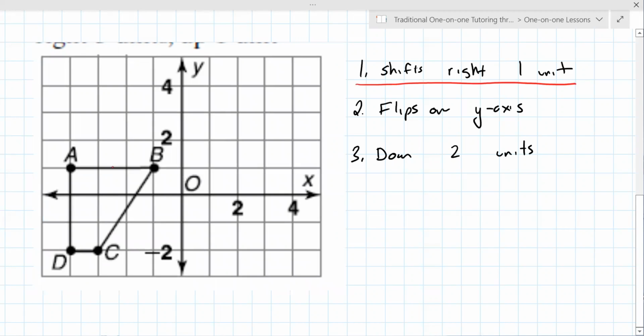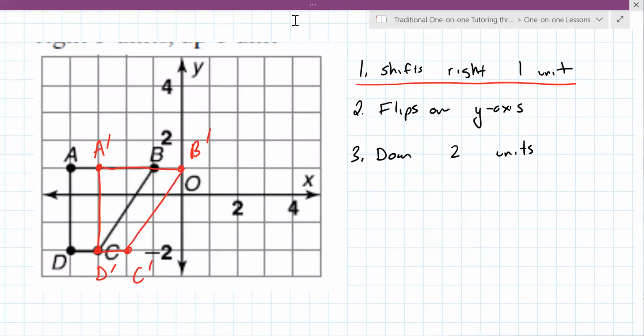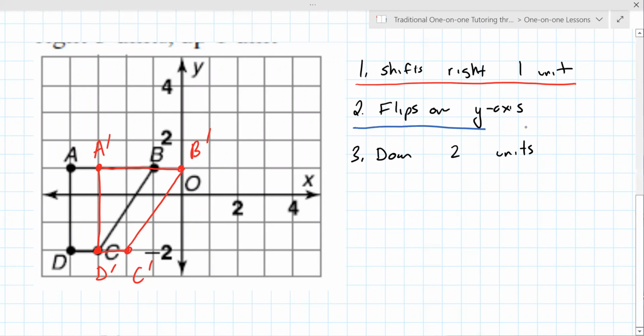So let's just move everything to the right one. So that's A prime, B prime, D prime, C prime. Okay. And then if we want to then flip it over the y-axis, we'll do that in blue here.